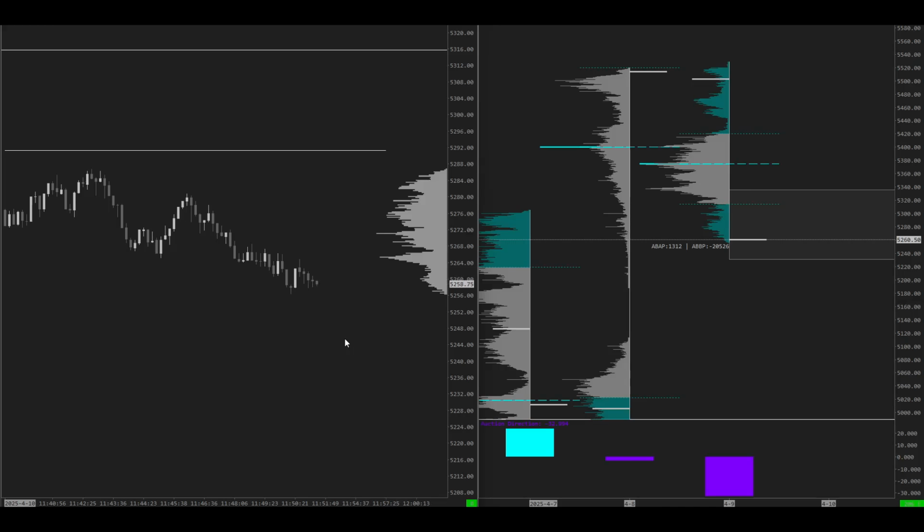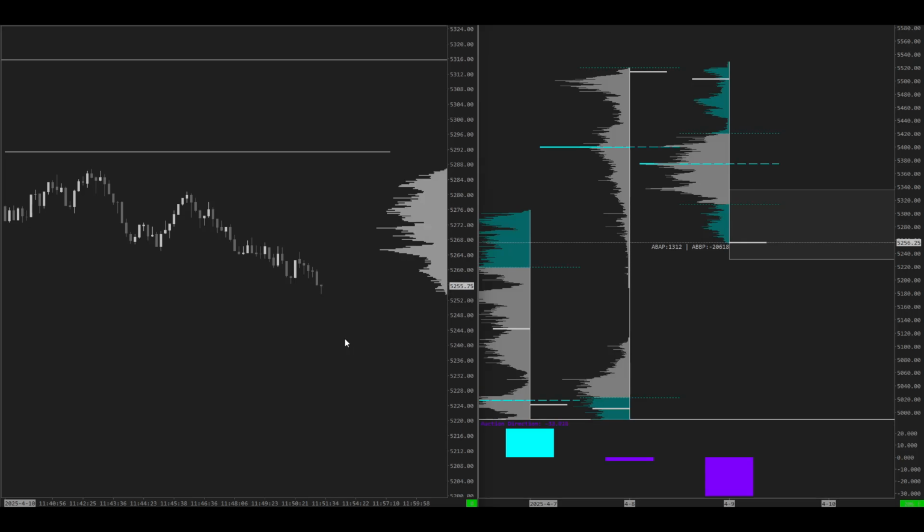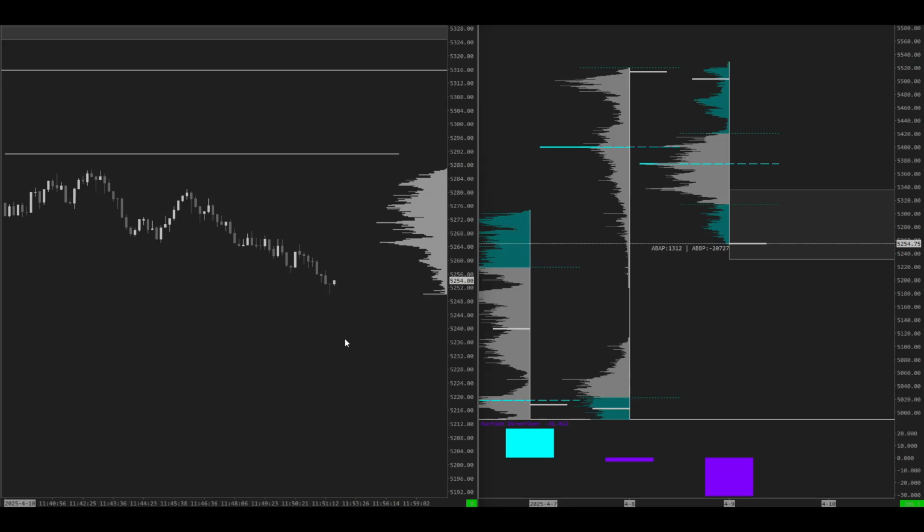It's taken forever. It just has the look that it's so close to liquidating. Well, it might actually fill it while I'm on here. It's so close. I'm going to wait a little more.